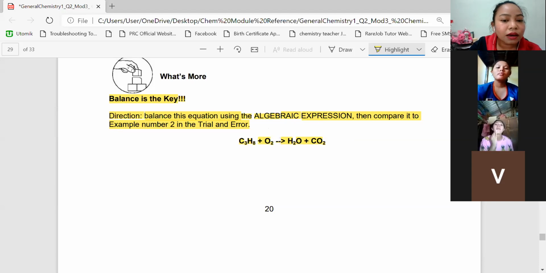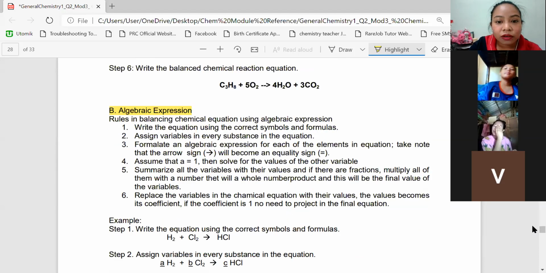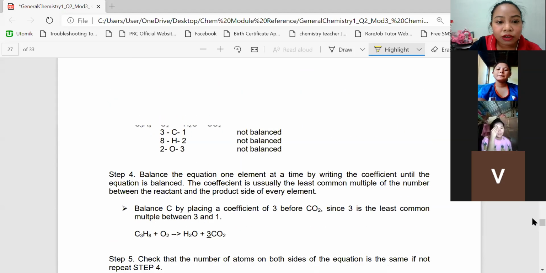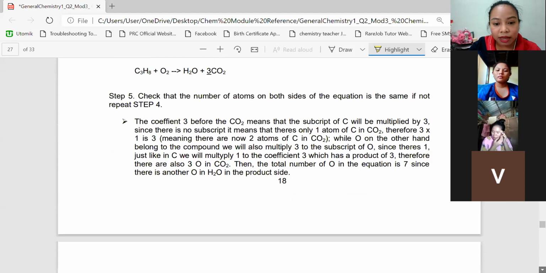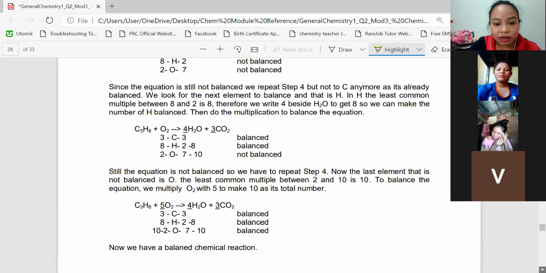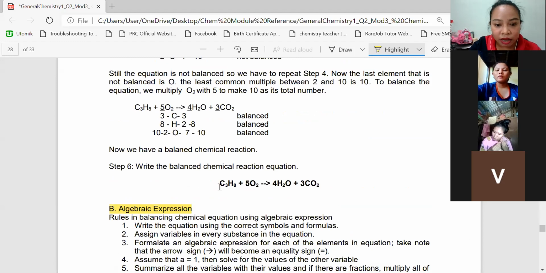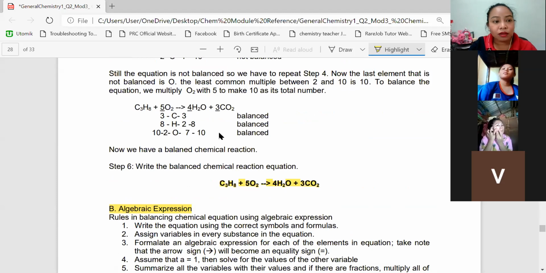Di ba parehas sila? So, after na sige balance, kung kani siya, the same ba ang product or ang result sa balancing? So, you compare, kay kani yung pag-balance niya diri kay through trial and error.